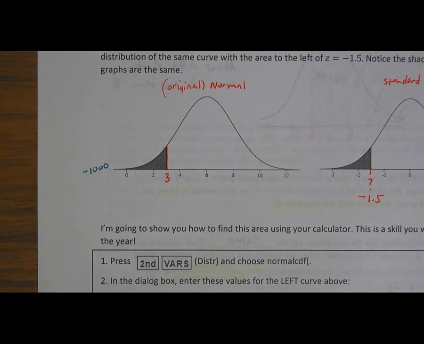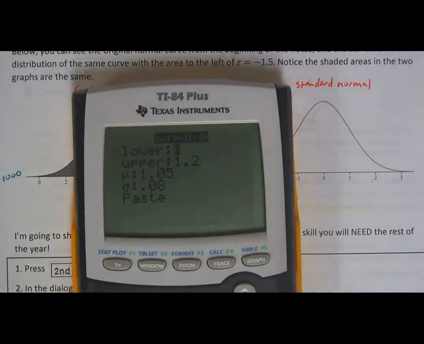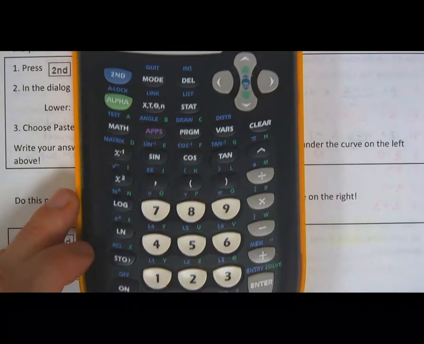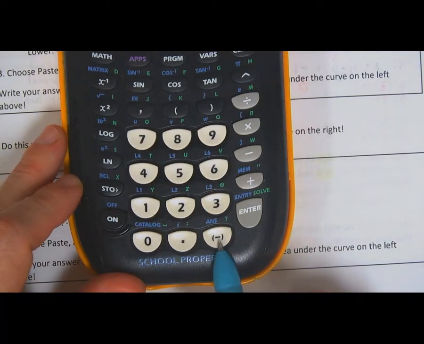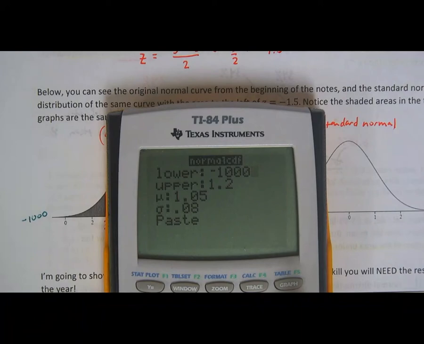The reason statisticians do that is to make sure we know we're going way out to the left forever and ever, and we're just going to cover all of our bases. So I want you to type in negative. Be sure you're using the negative button and not the minus button. Negative 1,000. I'll address that on the next page. Like, why is it negative 1,000?